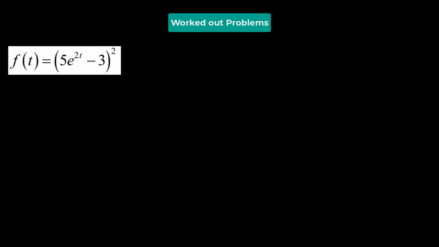Let's move on to the next question. Here we have the function 5 times e raised to the power of 2t minus 3, whole squared. I need to determine the Laplace transform of the given function, but before that, we're going to expand it. So we have 5 times e raised to the power of 2t, whole squared, minus 2 times 5e raised to the power of 2t times 3, plus 3 squared.